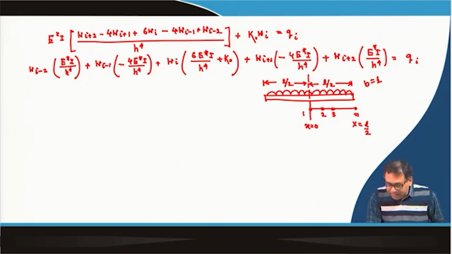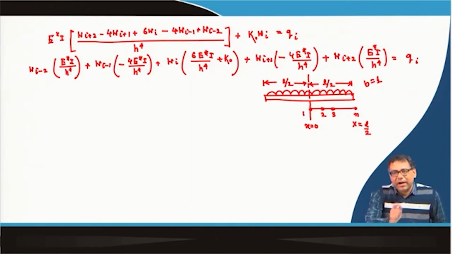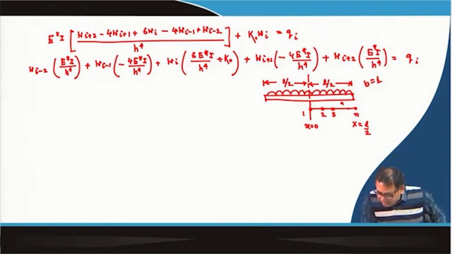But if I want to apply it at the first node, then I need the i minus 2 node, that means the minus 1 node, which is not present. So, for the first node and second node we cannot apply this, but from the third node onward we can apply it. A similar thing will happen for the nth node and the n minus 1 node.